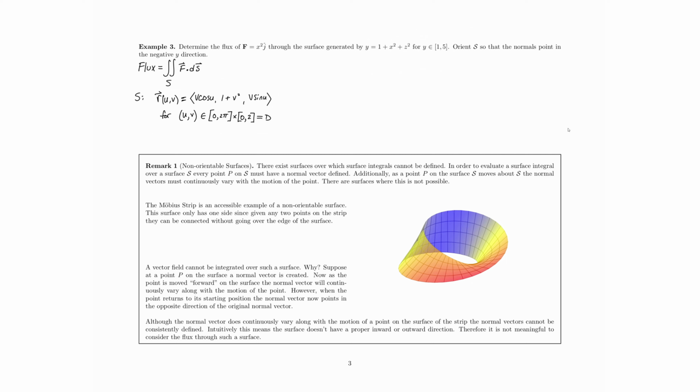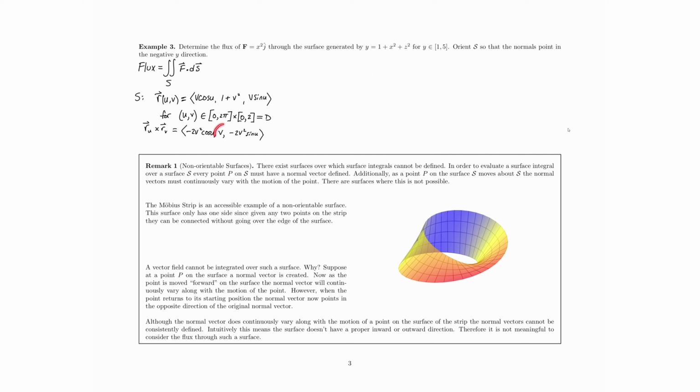I'll just tell you that our r_u cross r_v, this cross product, is equal to negative 2v squared cosine u, v, comma negative 2v squared sine u.